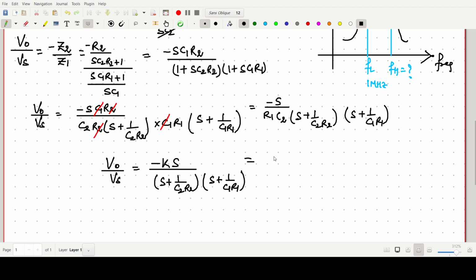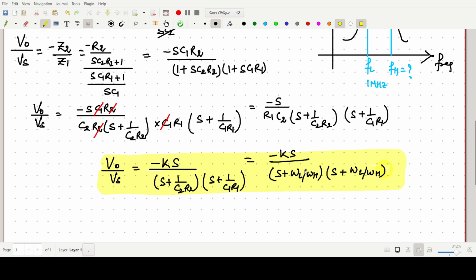Or one more line, we can write this as minus Ks by s plus omega L, s plus omega H. It may be omega L and omega H. We don't know, so we have to find. Which one will be omega H, that we have to decide. This one is the trick, or we can say the concept we have to think. This one is a very interesting question.